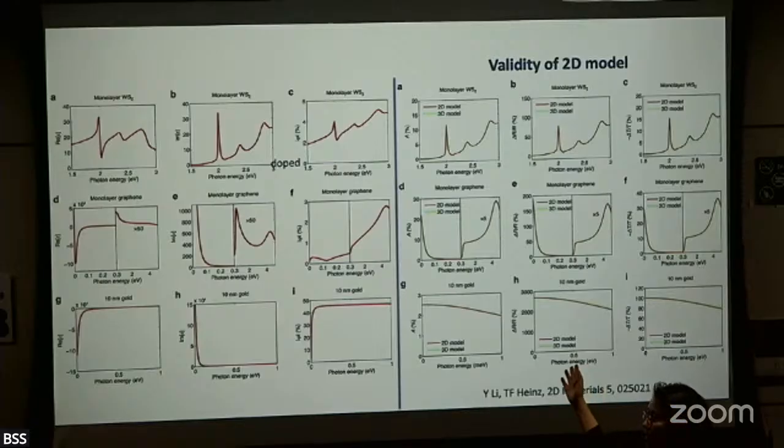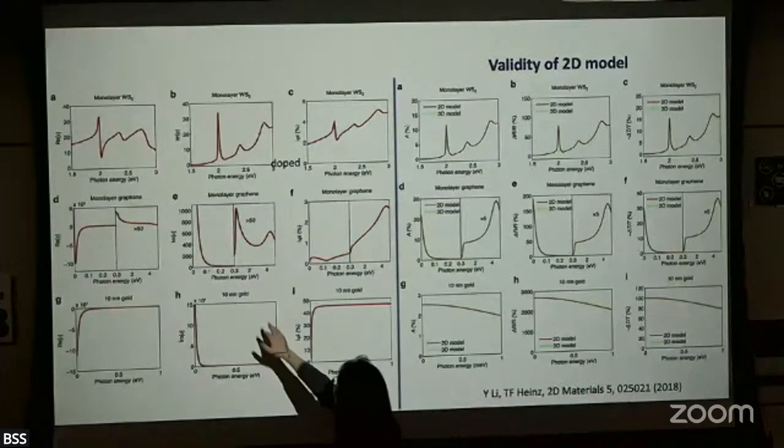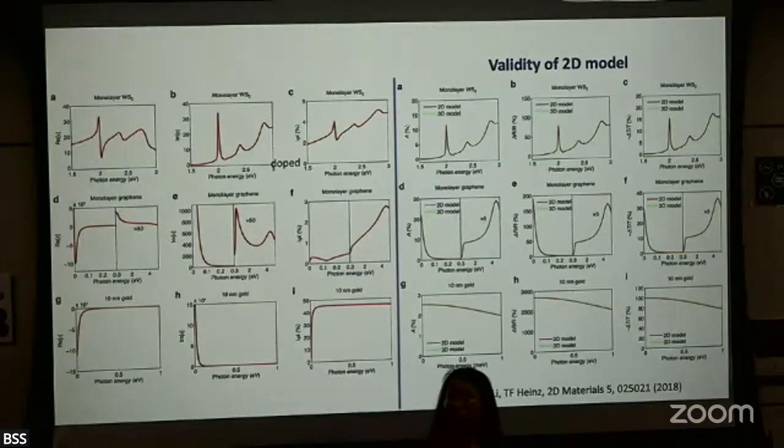So in this case, it's okay to use this 2D model. Right? So the next example is for monolayer graphene. This graphene, in this case, is doped. You raise the Fermi level to about 0.3 electron volts.